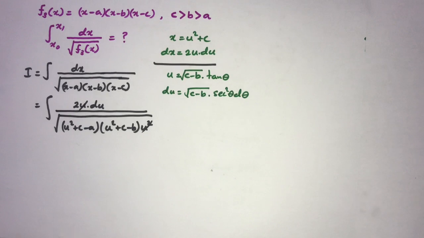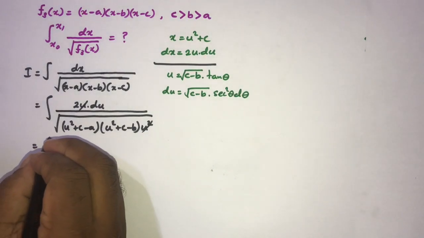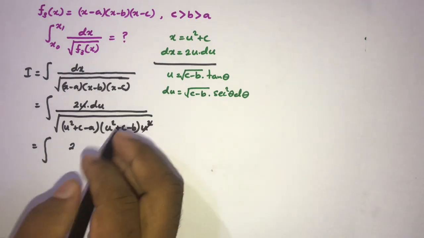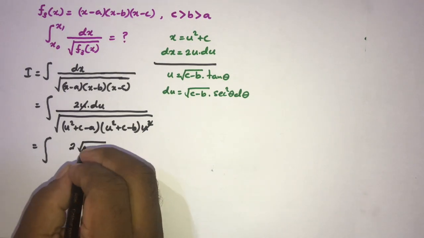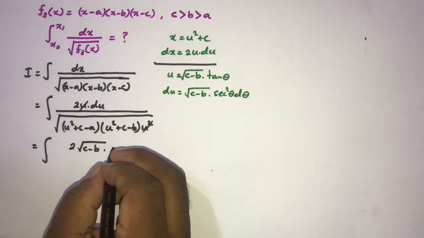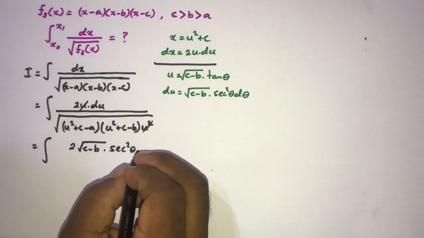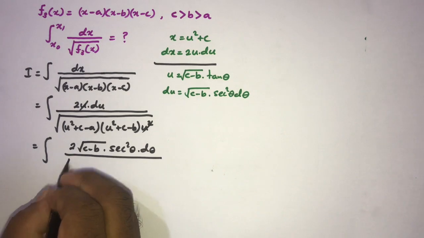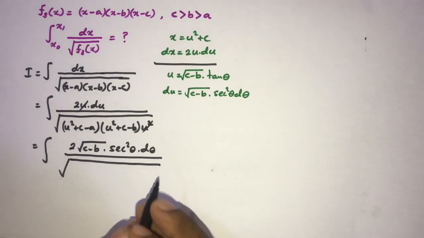Now we can plug in here, so 2 times du, now du we know the square root of c minus b secant square of theta d theta over here a square root sign.